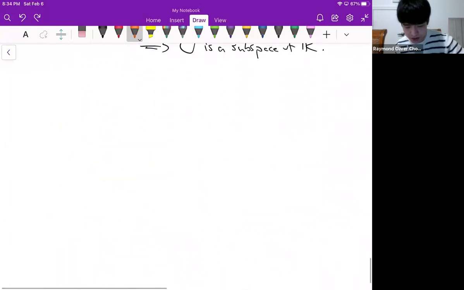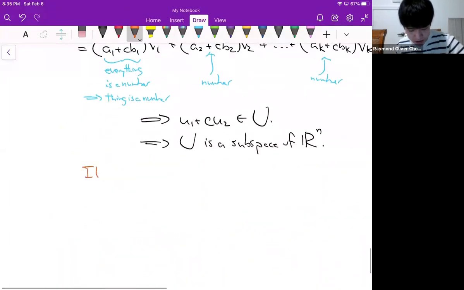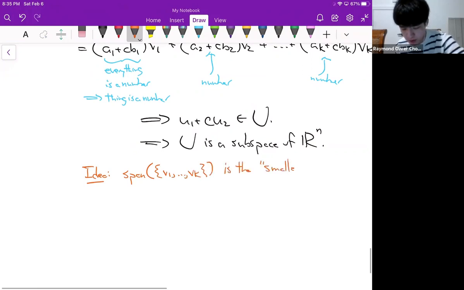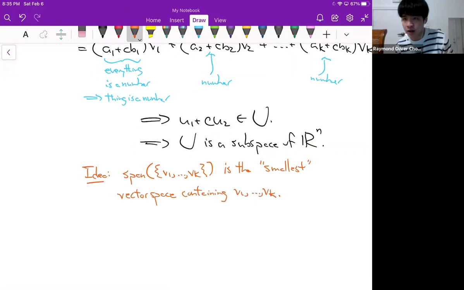Exactly what you've done here is that the span of v1 up until v_k is the smallest, quote unquote, vector space containing v1 up until v_k. Because when you add all those things together, you're saying, hey, I'm going to force this thing to be closed under addition.